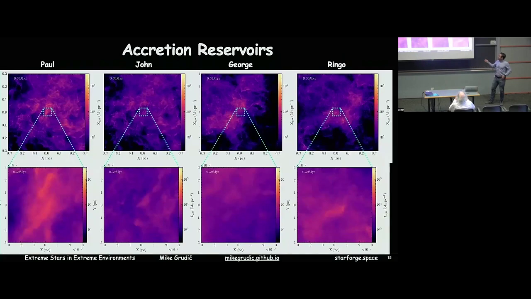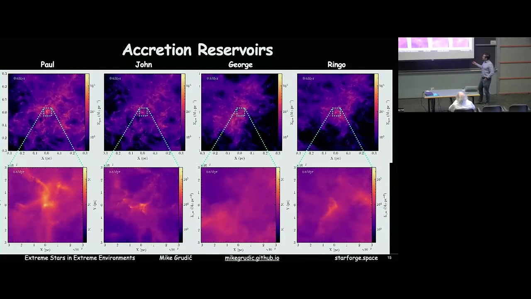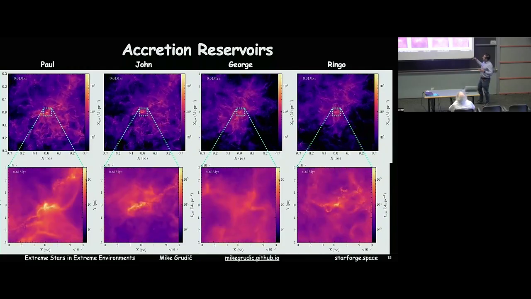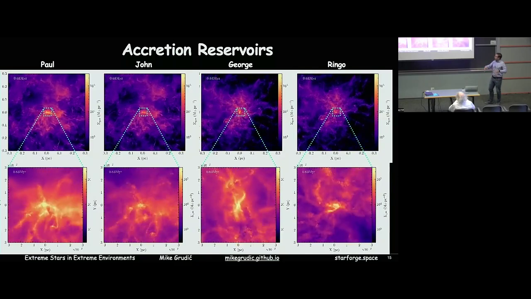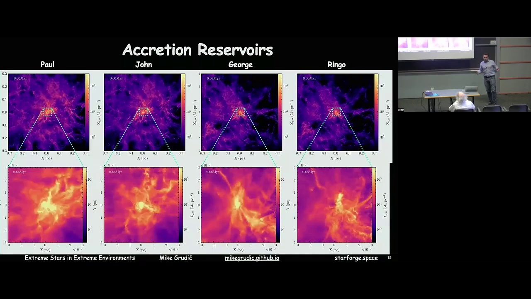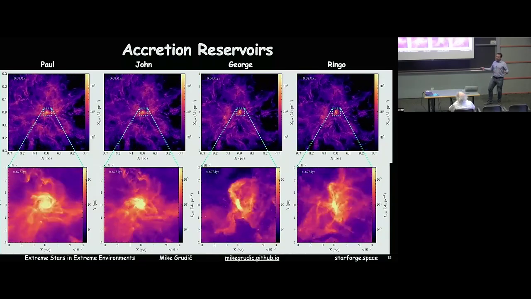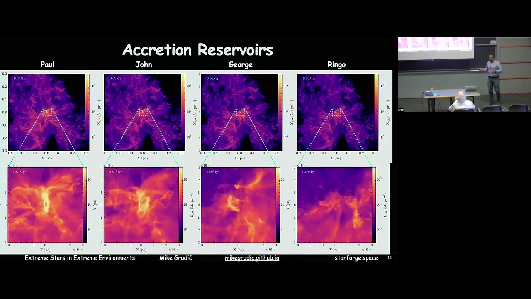And if we look at a movie of how these stars feed, then we see that, again, the gas that feeds the individual stars, shown in each respective panel, extends out to large radii, and the stars just accrete more and more, and eventually they actually pair up and they start accreting from a common gas reservoir.